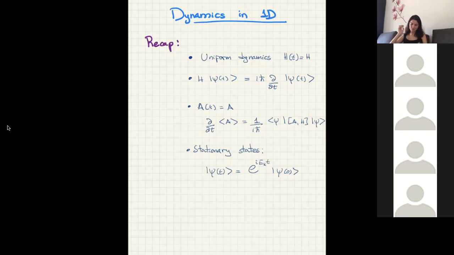Where the frequency of oscillation was given by the energy levels of the Hamiltonian. Okay, so these are the eigenvalues of the Hamiltonian. This is what we saw last time, and now we're going to actually apply this to one specific Hamiltonian.